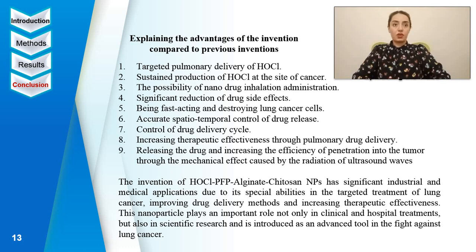Number 5. Being fast-acting and destroying lung cancer cells. Number 6. Accurate spatio-temporal control of drug release. Number 7. Control of drug delivery cycle. Number 8. Increasing therapeutic effectiveness through pulmonary drug delivery.